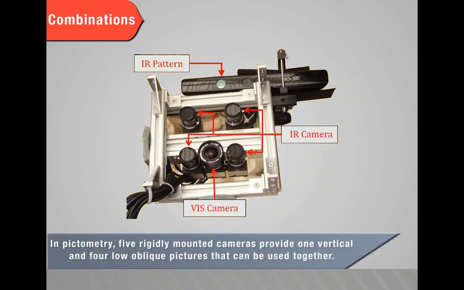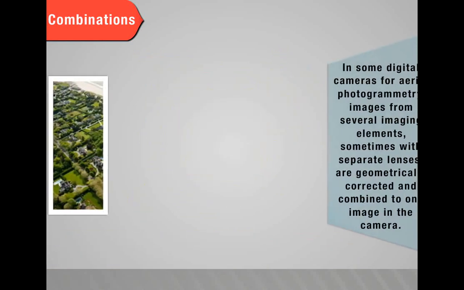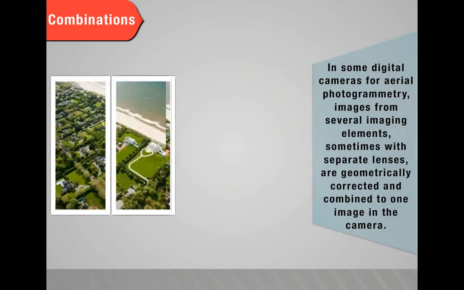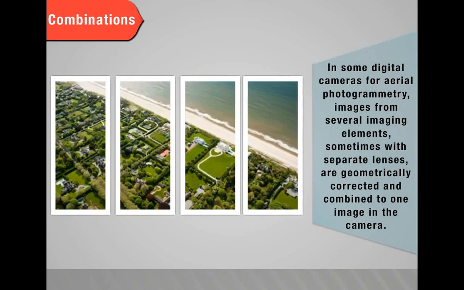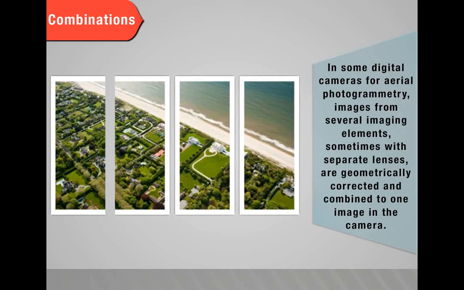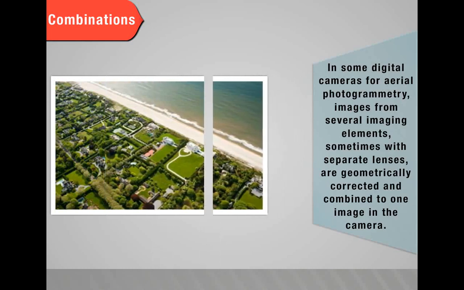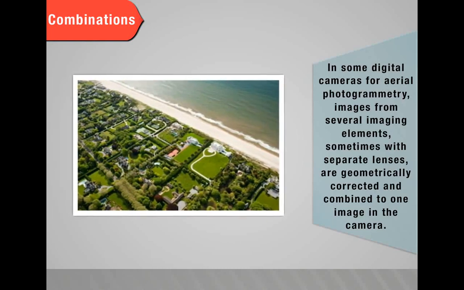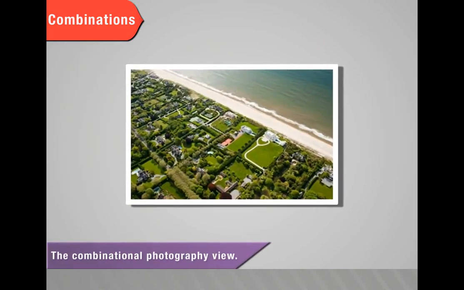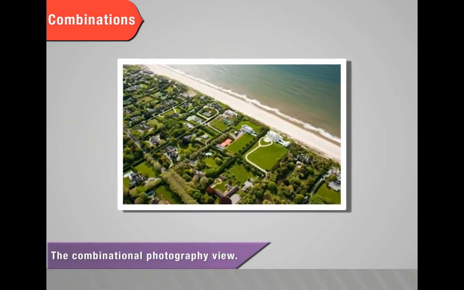In pictometry, 5 rigidly mounted cameras provide 1 vertical and 4 low oblique pictures that can be used together. In some digital cameras for aerial photogrammetry, images from several imaging elements, sometimes with separate lenses, are geometrically corrected and combined to one image in the camera. The combinational photography view.